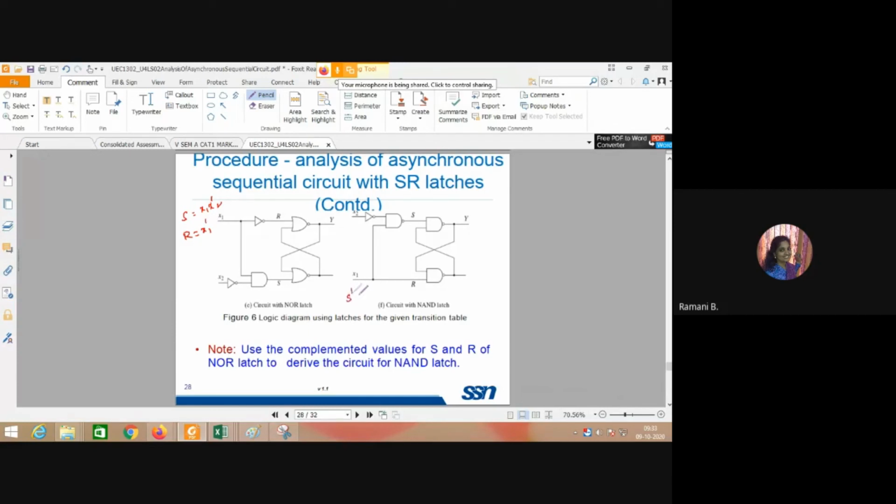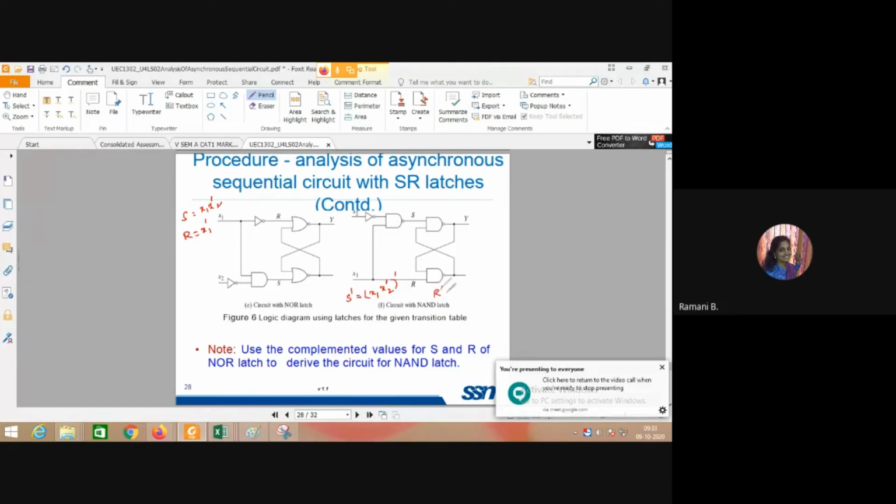So S bar is X1, X2 bar the whole bar, so X1, X2 the whole complement, as we have the NAND gate over here.